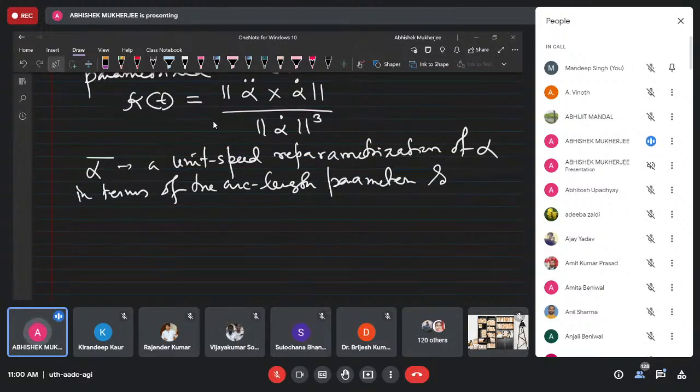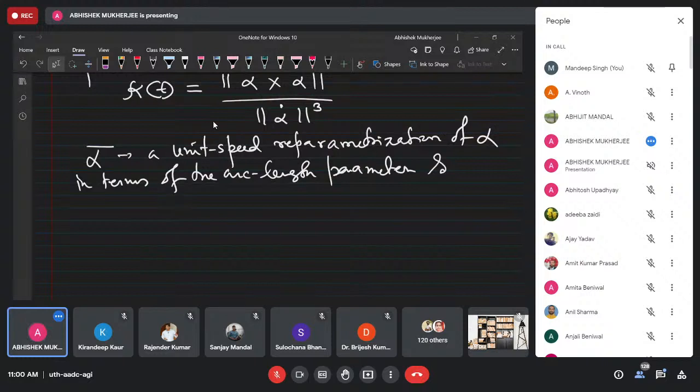So this says that alpha bar of s is alpha of t.